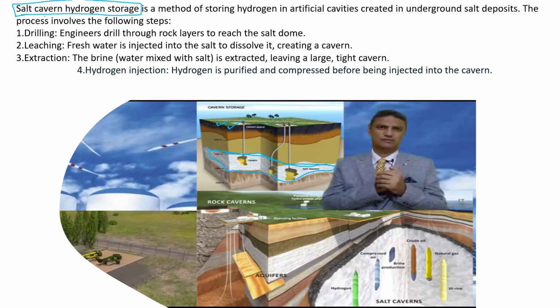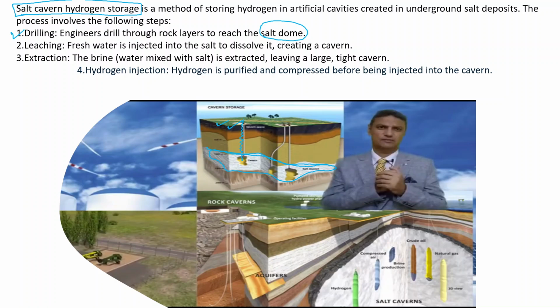First, what will we do? Drilling. We will drill through the drill bit. The engineers drill through the rock layer to reach the salt dome. Salt dome means the salt layer. Then the leaching of this salt with water.